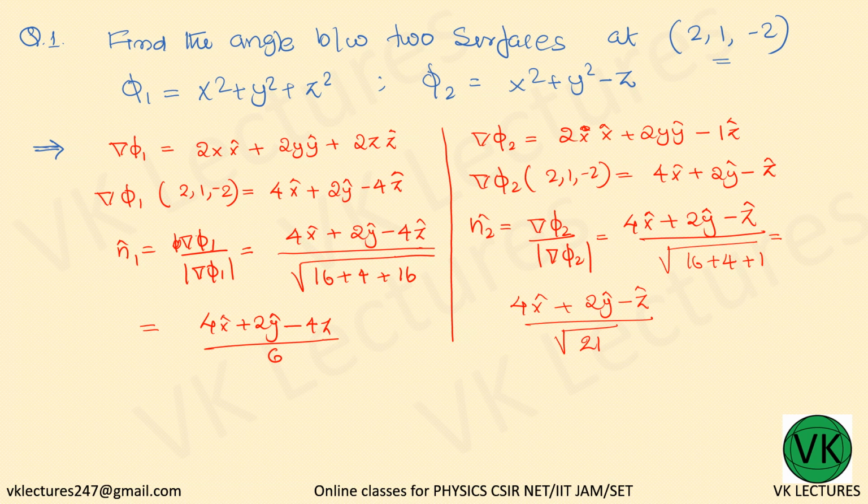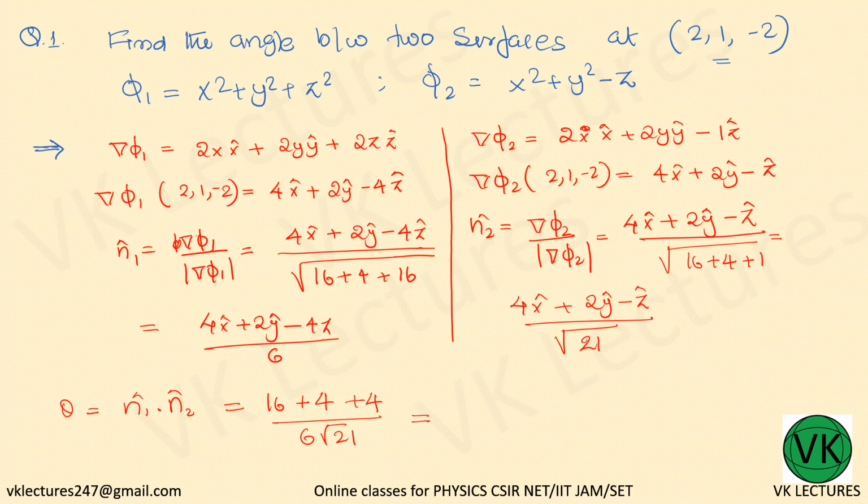Now cos theta is equal to n1 cap dot n2 cap. So that is 4 into 4, that is 16, plus 2 into 2, that is 4, plus 4 into 1, that is 4, divided by root 6 root 21.